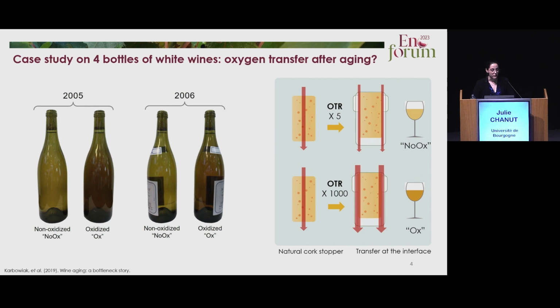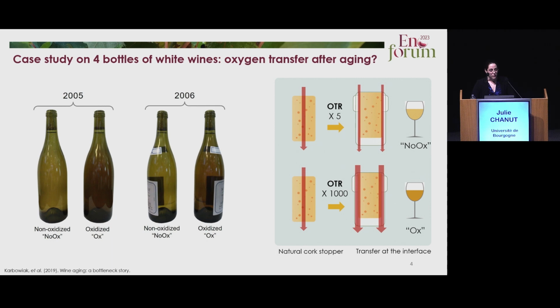This is a study that started with a publication in 2019, and we did a case study on 4 bottles of wines. They were selected visually, first and foremost. We saw that in the batch there were 2 bottles with a different color, which meant that there we had an oxidized content.